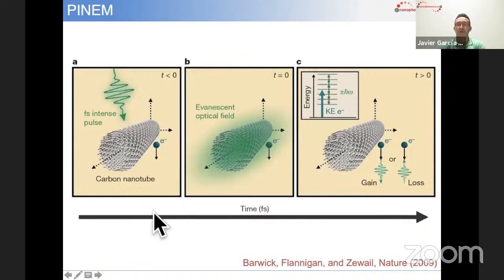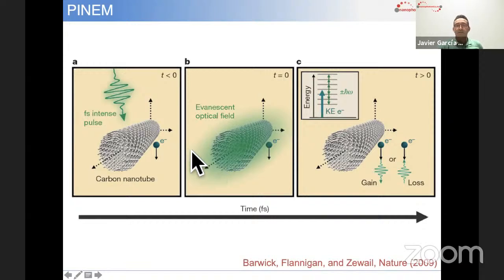So this was a technique that was pioneered by the late Ahmed Zewail. He won the Nobel Prize in femtochemistry, and he actually wanted to get a second Nobel Prize. Actually, he said the statistics were in his favor. You have one, then it's more likely to have another one.